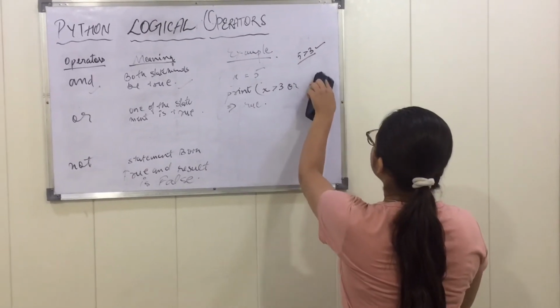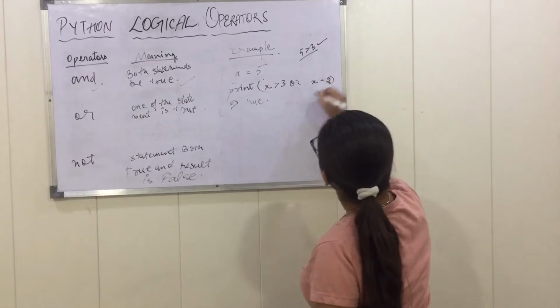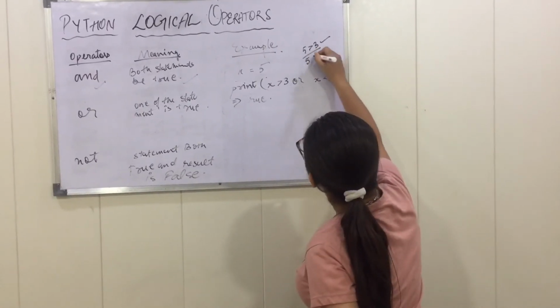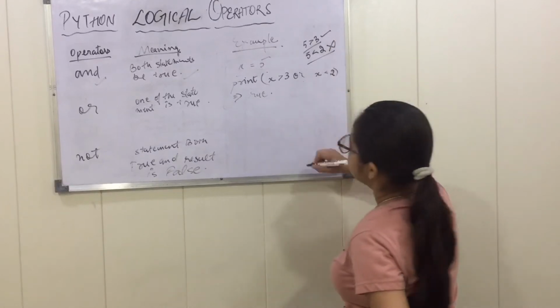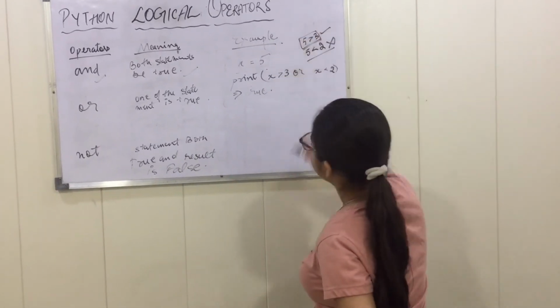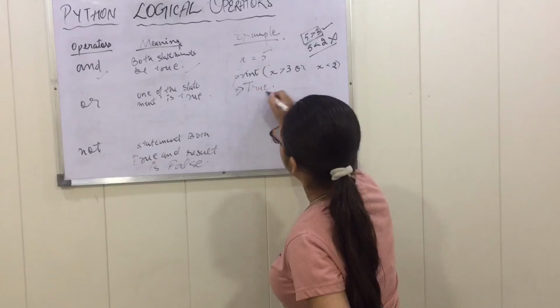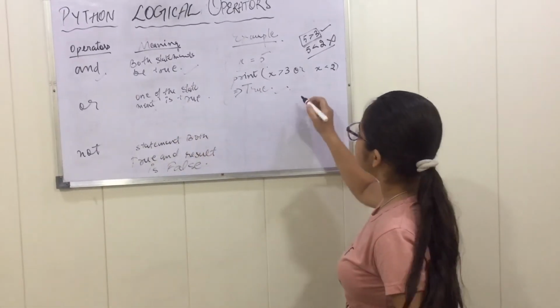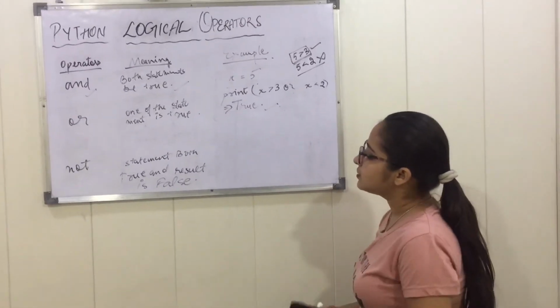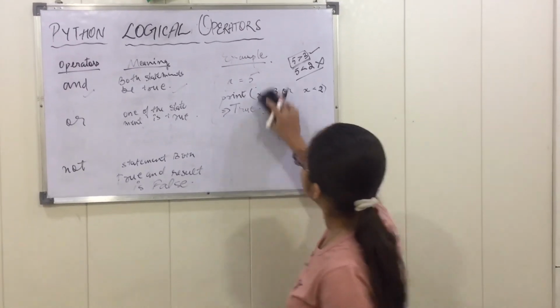Now we take the value 2, and 5 is less than 2, which is false. So one statement is correct, and the answer is true, because if only a single statement is true, then the answer will be true.